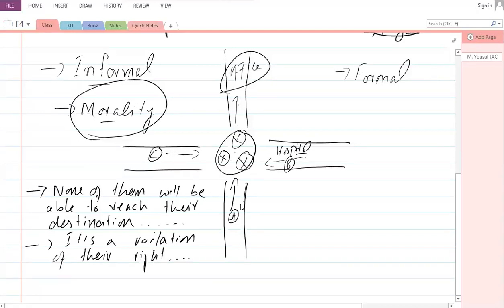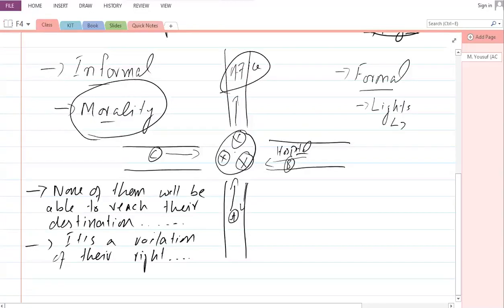So if we want that everyone who is crossing through this road can reach his destination, we need a formal mechanism. So what does formal mechanism mean? We have installed lights.